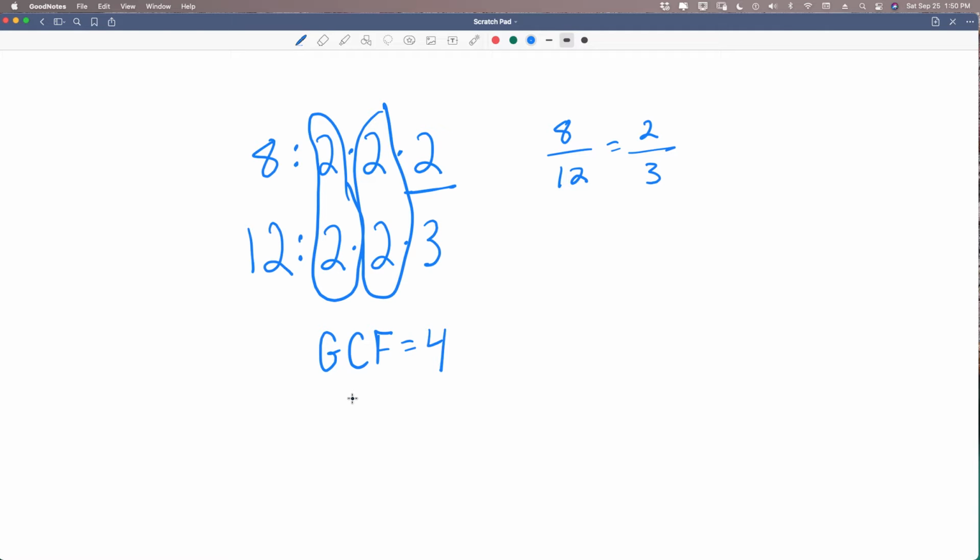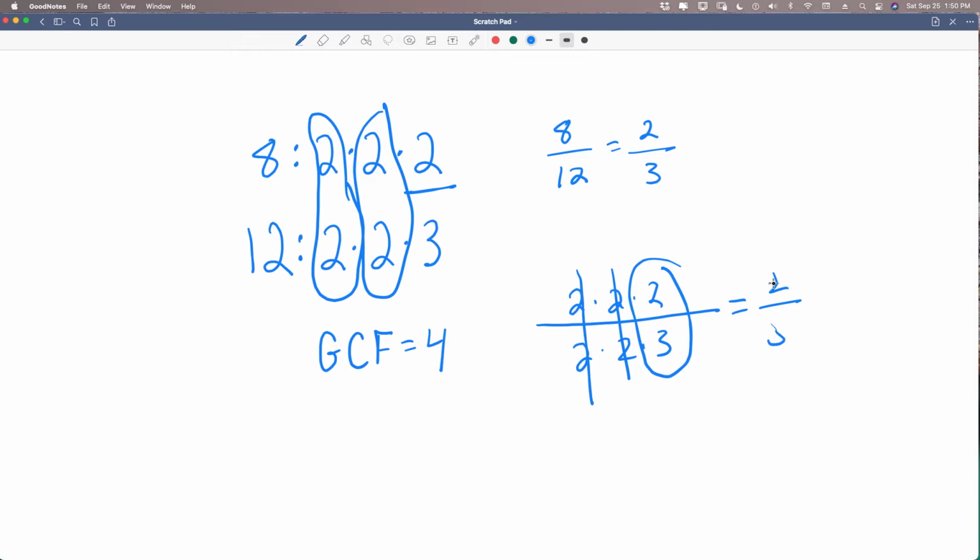So another way to reduce fractions is simply to write them in their prime factorization. So 8 over 12 would become 2 times 2 times 2, and 2 times 2 times 3 on the bottom, and then you cancel out, and whatever's left is the reduced fraction, just like we had above.